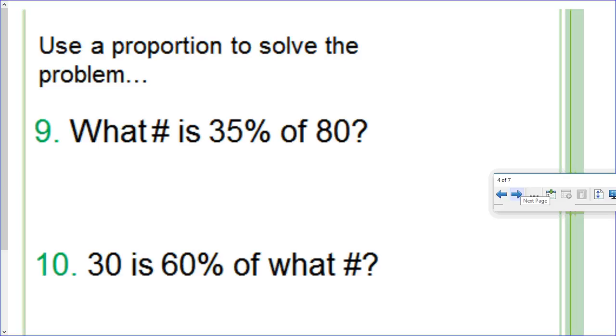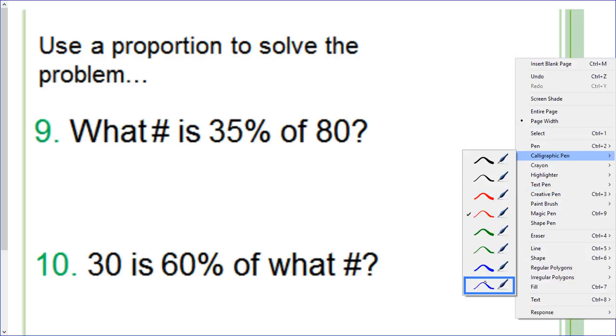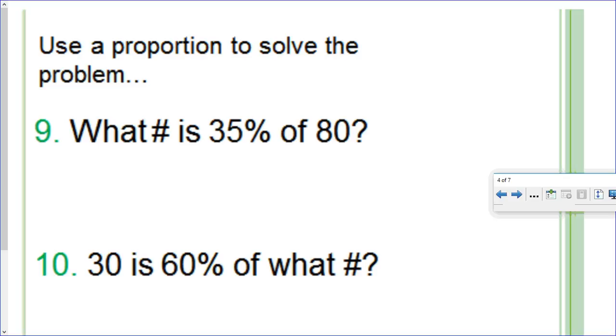Now we're going to use a proportion to solve the problem. Here, they're asking what is 35% of 80. When you're setting up a proportion, there's a pattern that you can follow, and there are some clue words here.